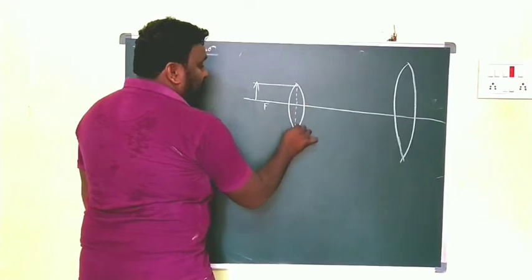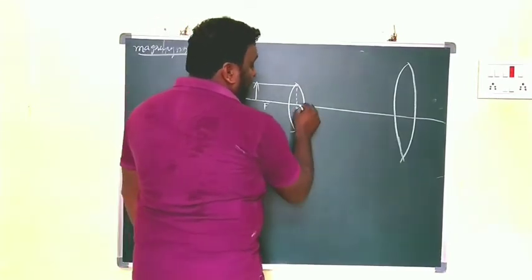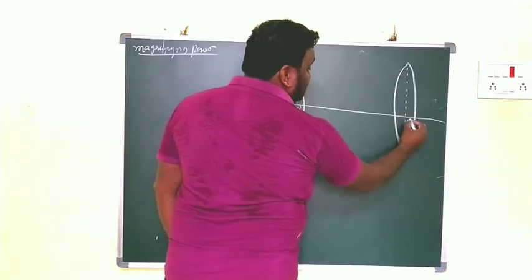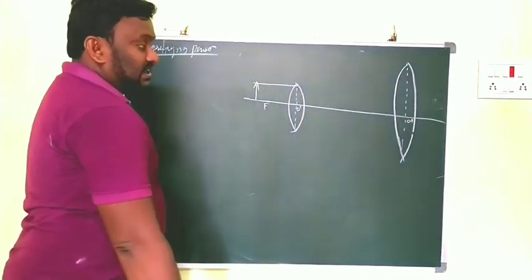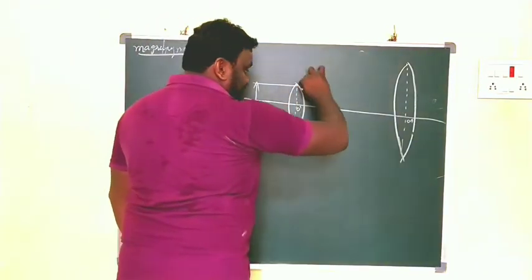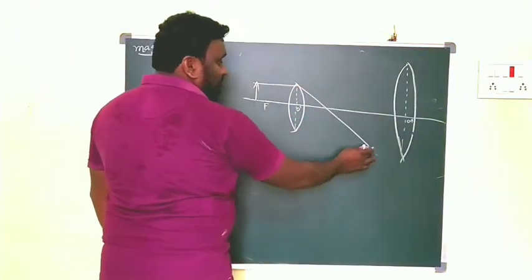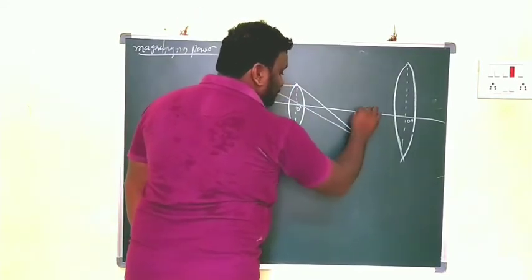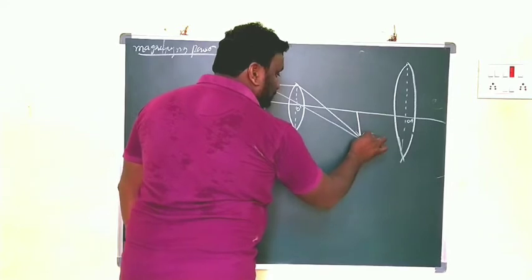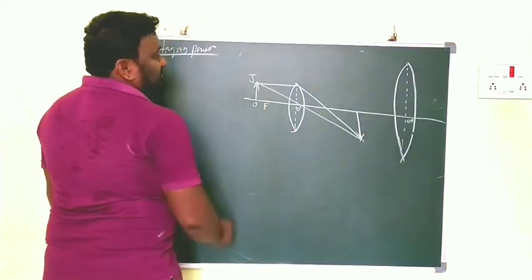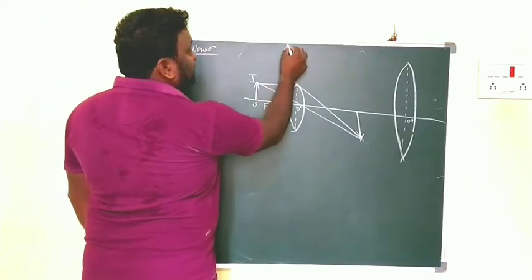And this is the optic axis, center O dash, and this is the other optic center, O double dash. Clear children? And after that, here OJ is the object.